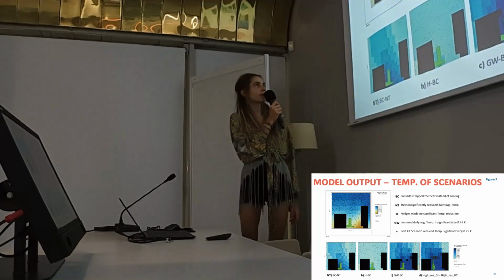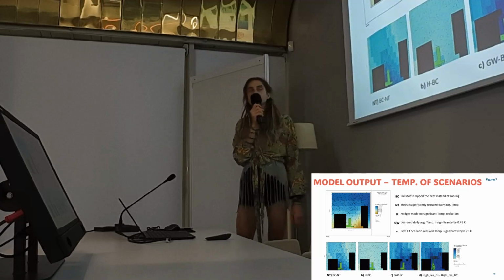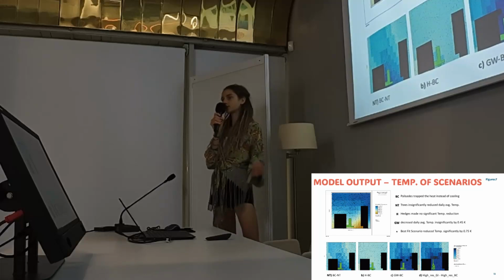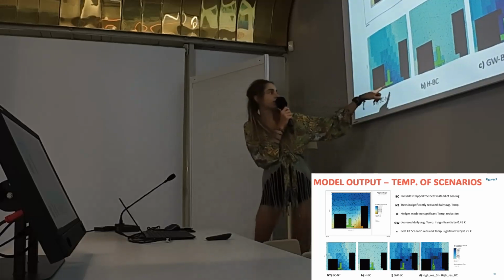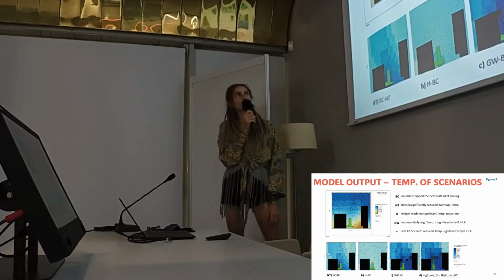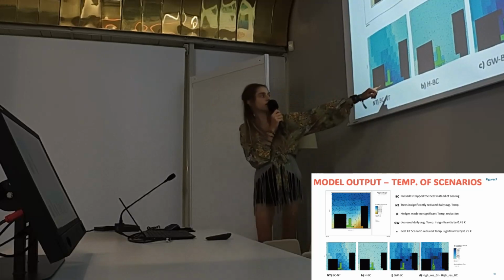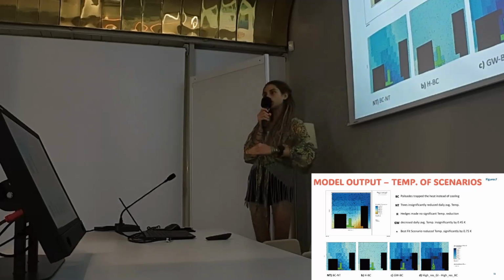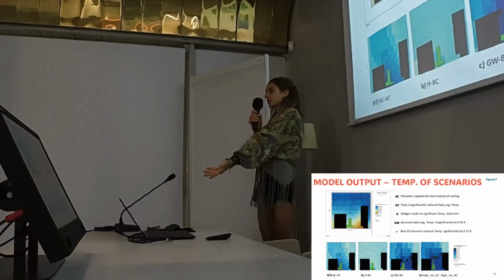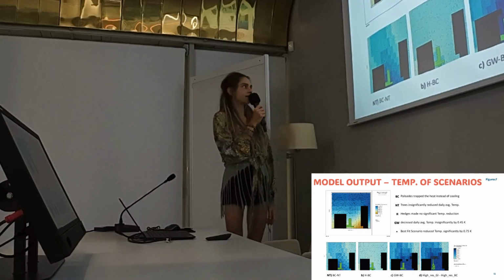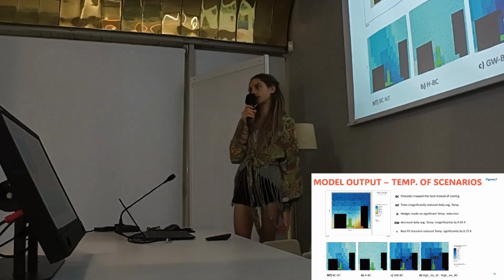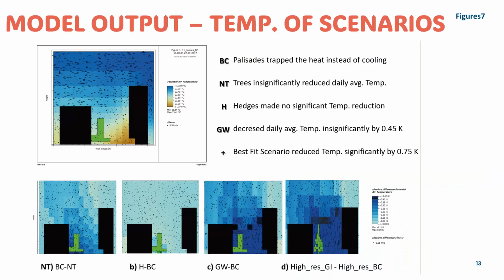For the trees, I found that they had only a daily average insignificant decrease of temperatures at pedestrian level. However, as you can see here, they were able to cool directly below. So imagine a person walking underneath the trees, then they actually do have a cooling effect at that location. For the hedges, I found that there was less decrease in temperatures compared to the trees, but they still had the opportunity to cool at least a little bit.